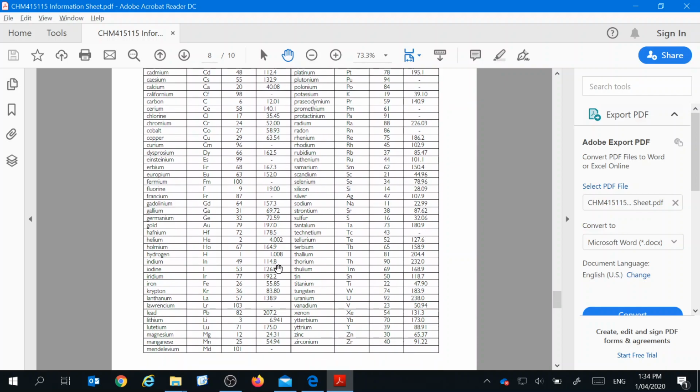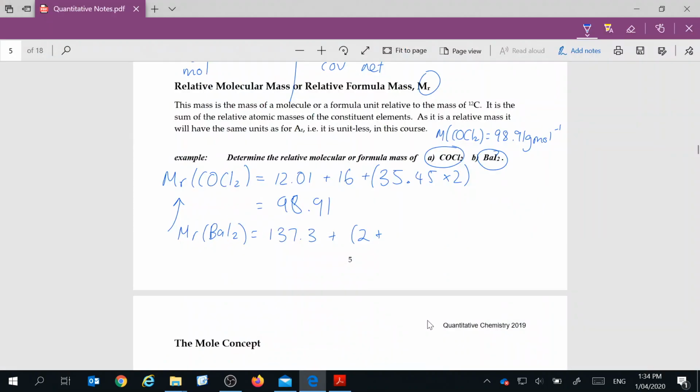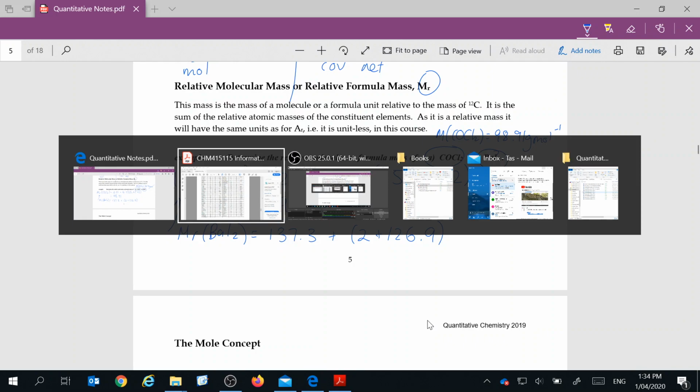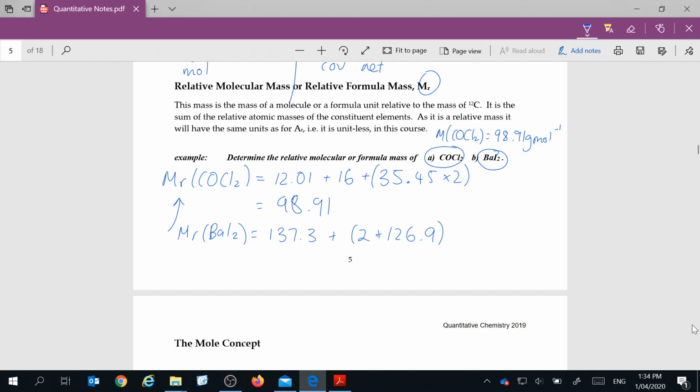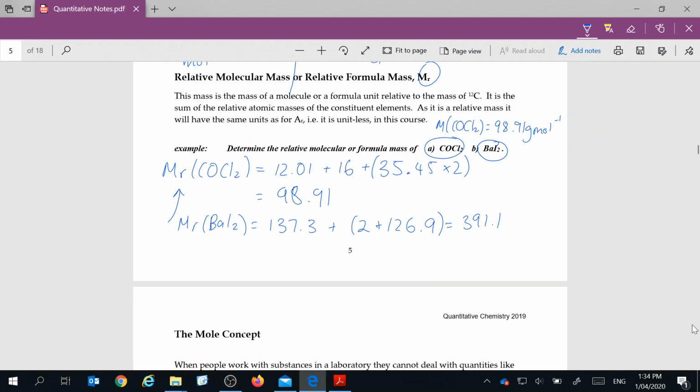Here, 126.9. And if I put that into my calculator, I get 391.1, unitless. Okay, that's lovely.